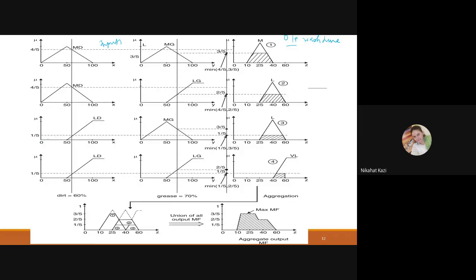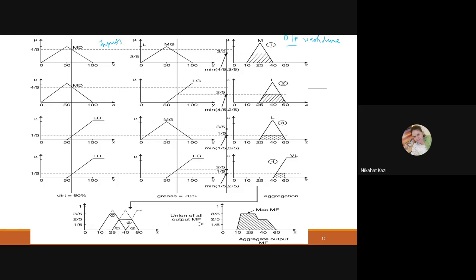So again, medium dirt, large grease, take the min of the two, this one. If you use the min operation, you are clipping off the output membership functions. When you write it on a combined plot, when you aggregate everything, that is what we did for defuzzification. We had different membership functions and we are clubbing everything together.